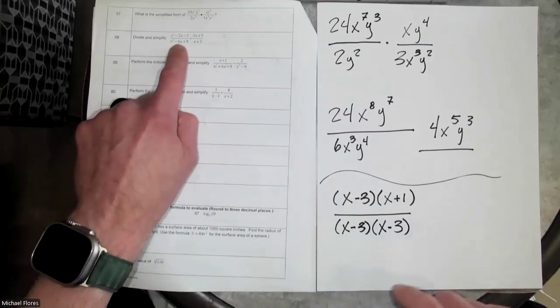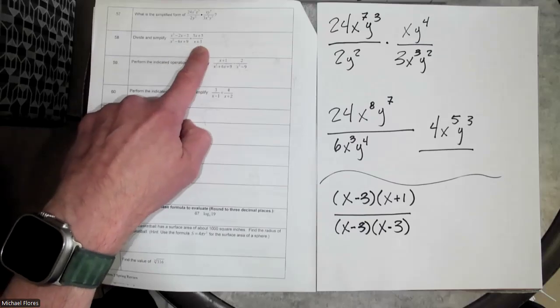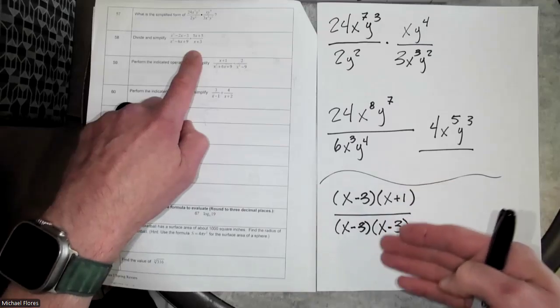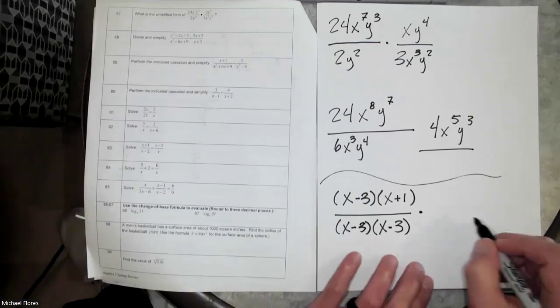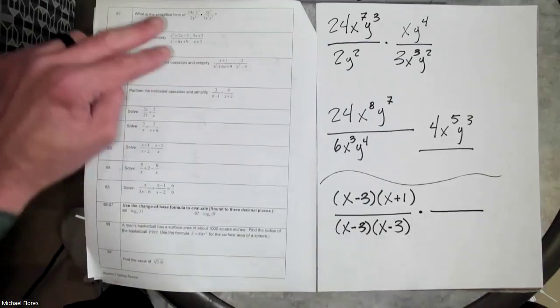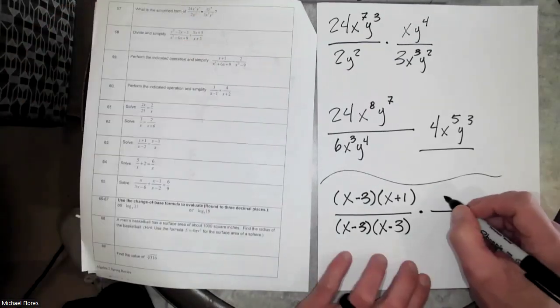Okay, now we have this very first fraction divided by this other fraction. So we need to do keep, change, flip. I'm going to keep this fraction as is, change from division to multiplication. And now I need to flip the second fraction.